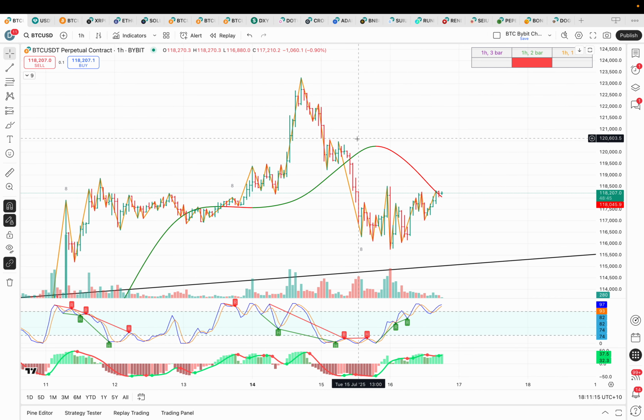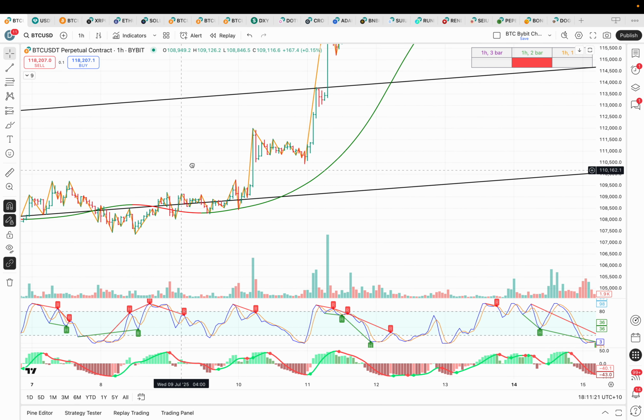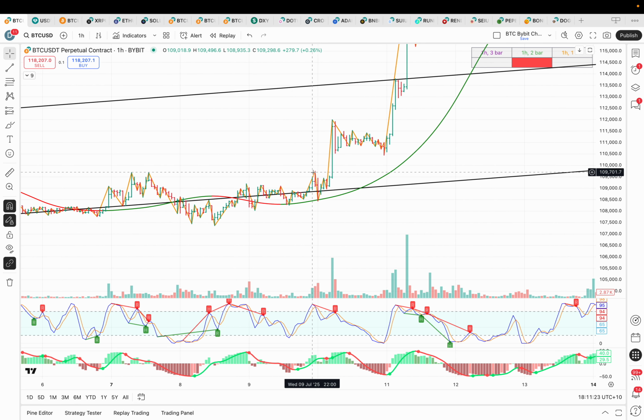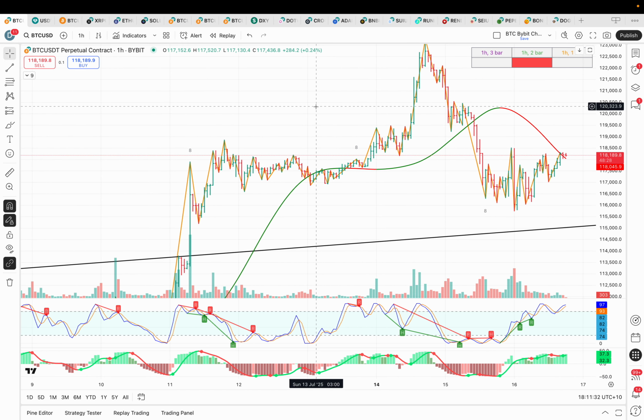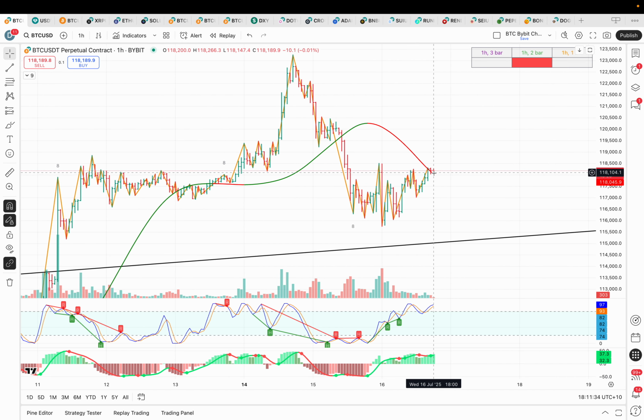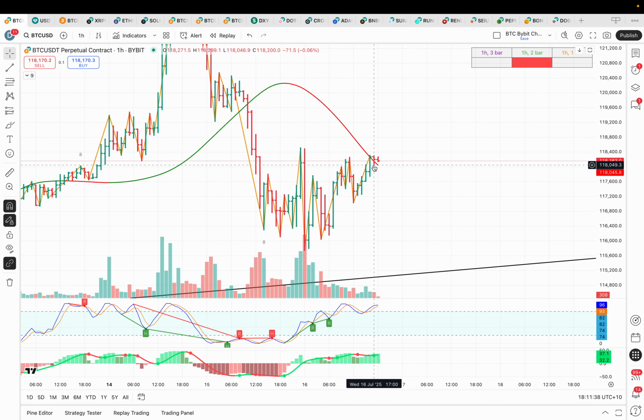So accumulation back also above the 50 TMA, as you can see previously, when you break out and you accumulate above swing tops and hold the 50 TMA as support, it often leads to another explosive move up. So again, it looks like we are failing at the 1-hour TMA.